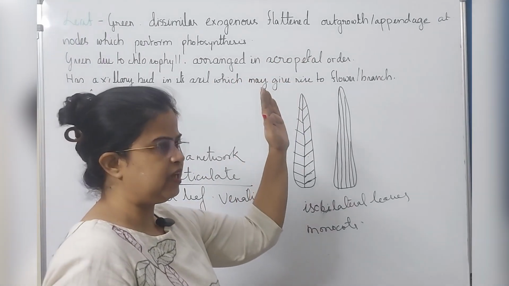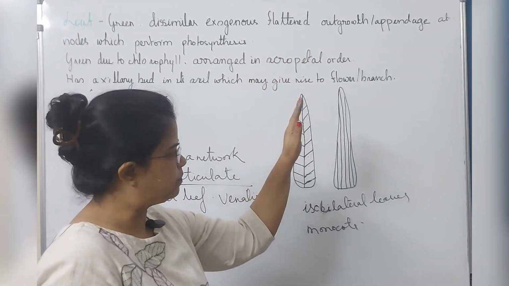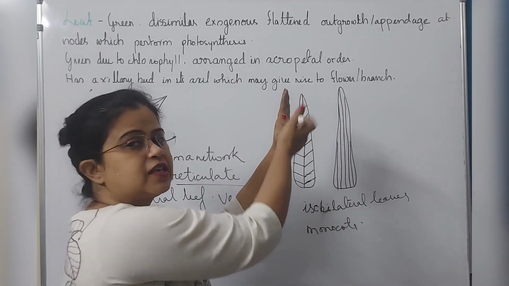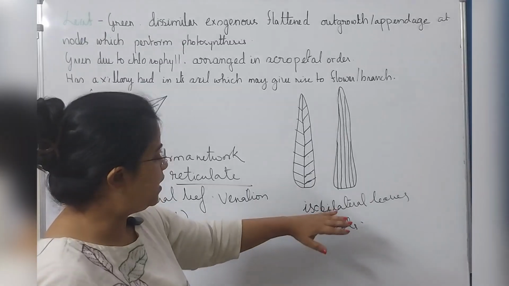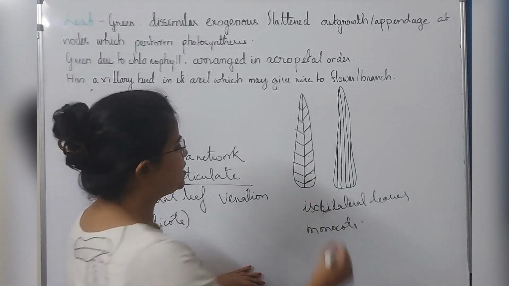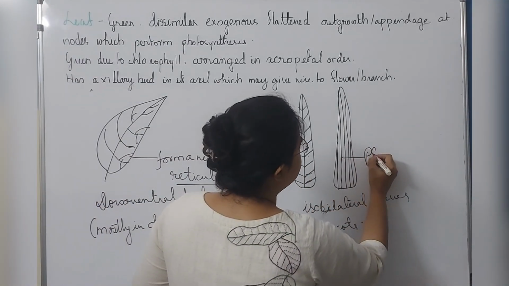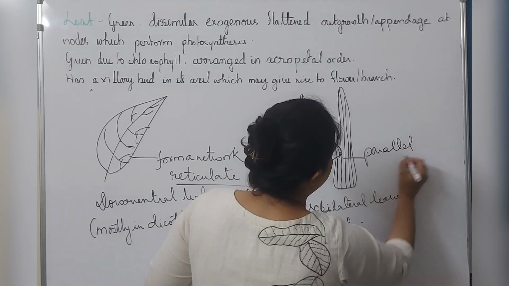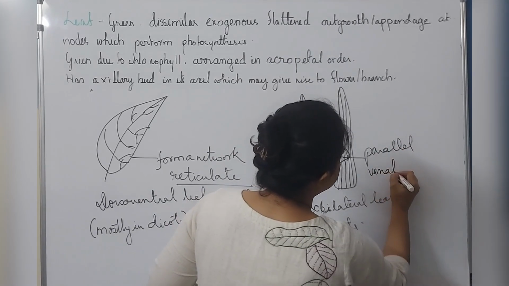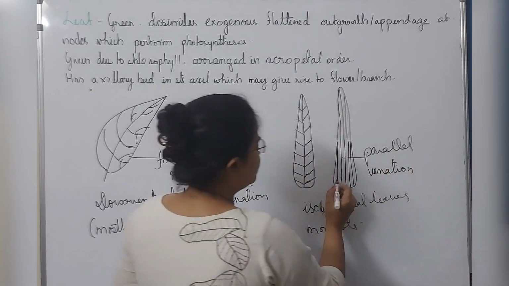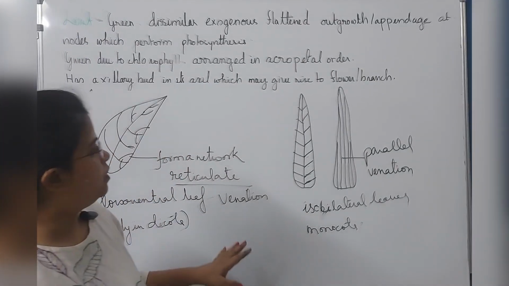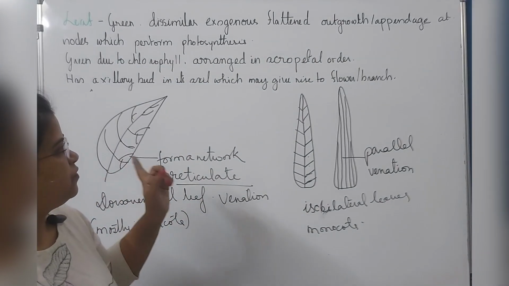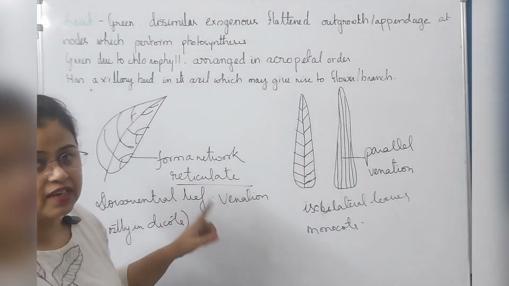Isobilateral they are mostly, if not exactly erect, but उनका position ऐसा होता है and both the surfaces get equal amount of sunlight. Clear? कहाँ देखने को मिलता है? In monocots. और monocots में this kind of a venation is called parallel venation. Okay, where these veins run parallel to each other. Clear? So with this, I think we are done with all the aspects of leaves that are in your syllabus.